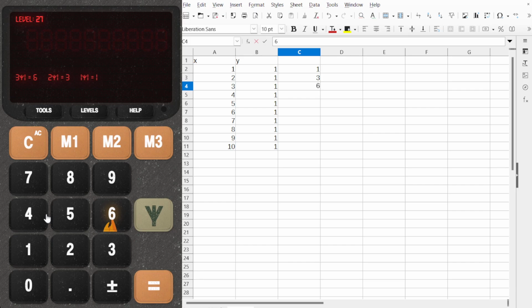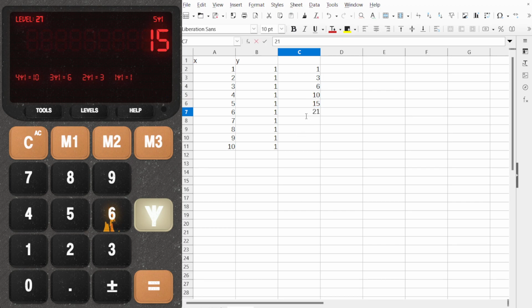Let's see for 4 and 1. 10. Okay, 5 and 1. 15. Yeah. This looks like if you sum up.